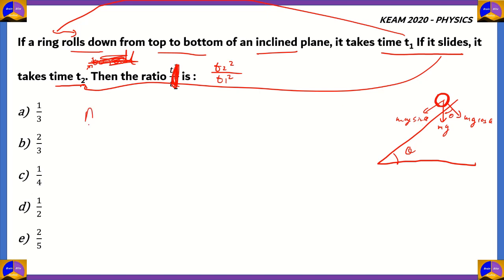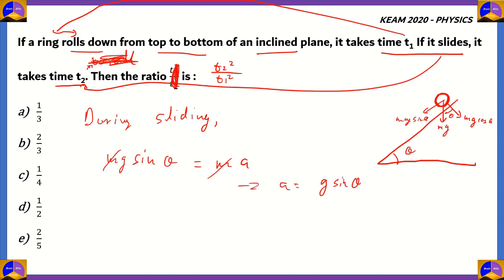So during sliding, the total force acting on the ring is mg sine theta. So using Newton's second law, we can write F equals ma. So mg sine theta equals ma. Cancel out m. You get a equals g sine theta.